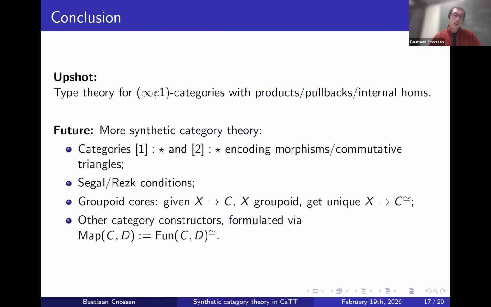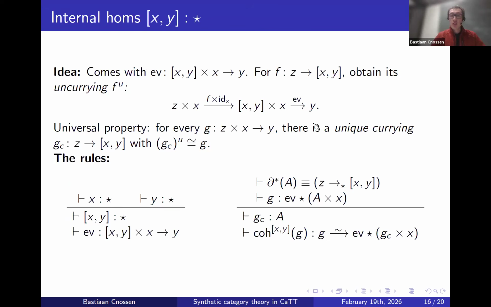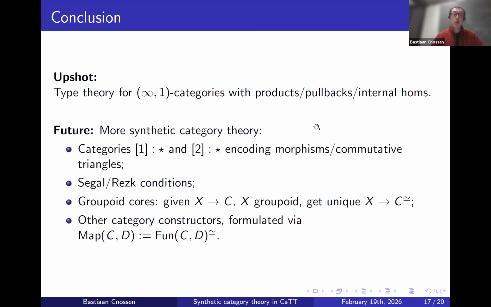And I'm talking about infinity one categories mostly because this is the use case that we have for it. But if you look at the rules, there isn't really much intrinsic reason why I have to restrict myself to infinity one categories. I mean, because the type theory itself actually describes infinity categories. So maybe some people in the audience are interested in having products and pullbacks and so on in infinity categories.